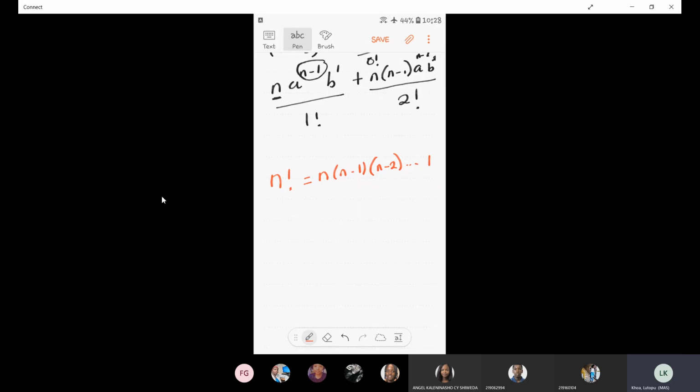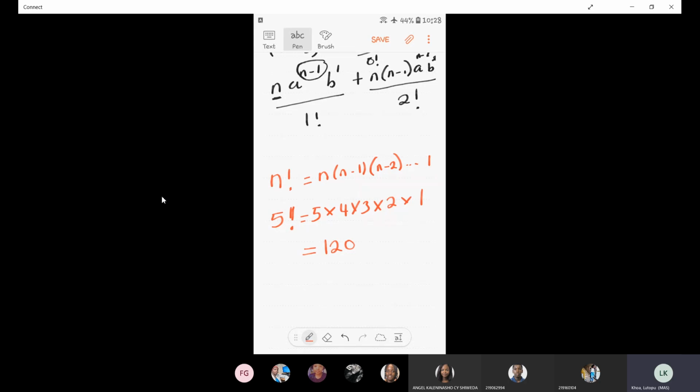For example, 5 factorial is 5 times 4 times 3 times 2 times 1. Then you work it out on your calculator. 5 factorial is equal to 120. The exclamation mark symbol on your calculator means factorial.